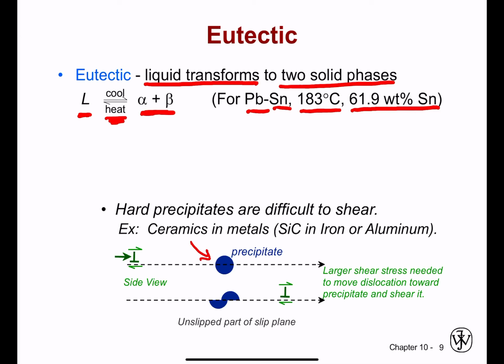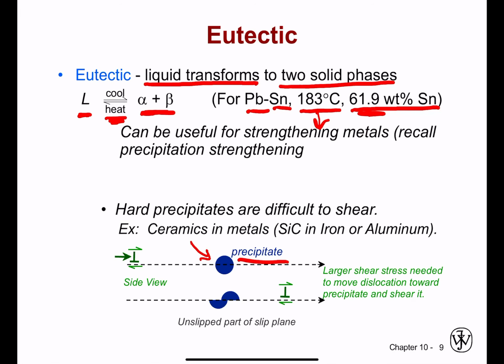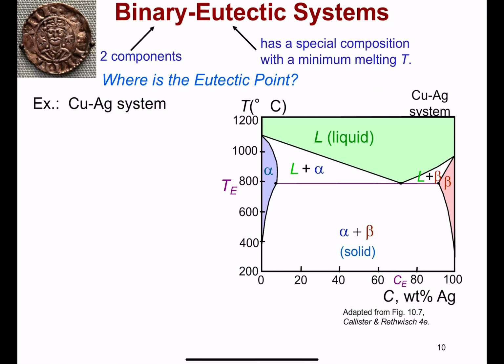So this explains how the eutectic becomes hard, because we form that second phase that is a precipitate, and it becomes very difficult to shear across those particles that are generated by reducing temperature at this composition but lower than the 183. Okay, so let's take a little bit closer look at that.